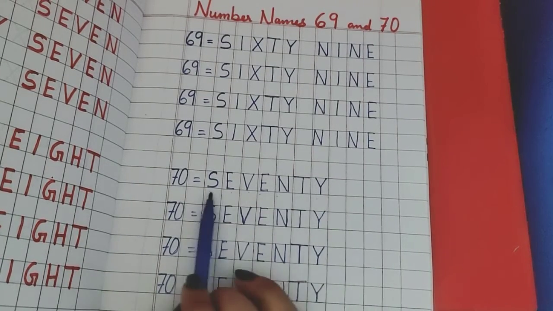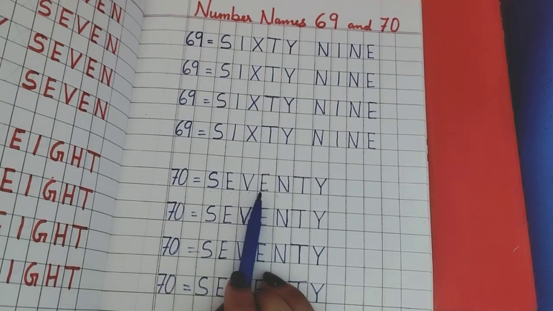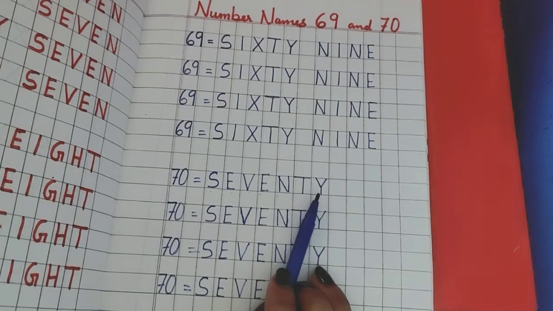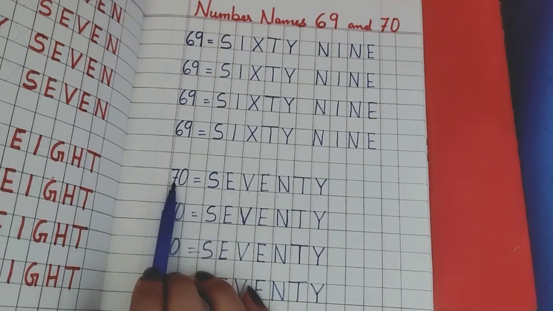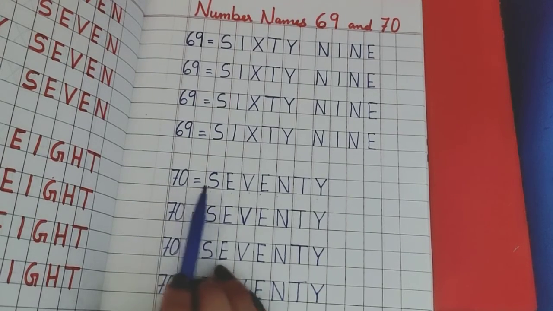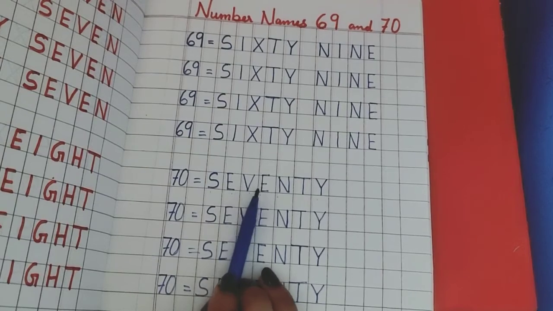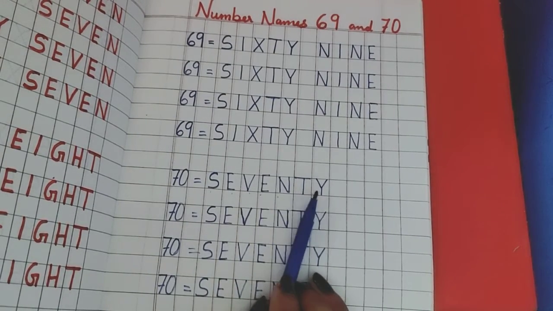Again repeat. S E V E N T Y, 70. Very good. Repeat again. 70. S E V E N T Y, 70.